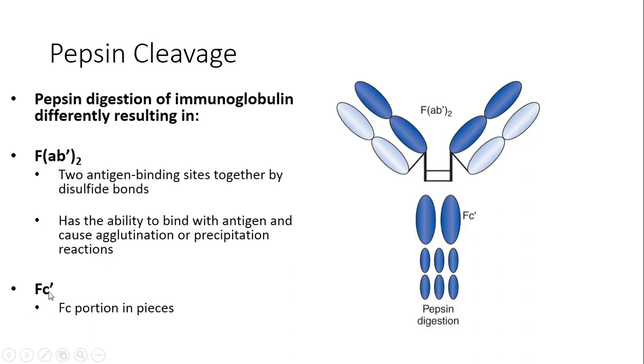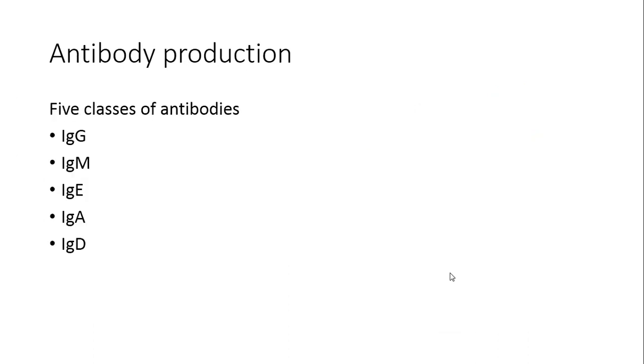The FC region, you can see it has a little apostrophe after it because these are not exactly the same as our other FC region. In this case, pepsin cleaves off all of the bonding, and you end up with very small little particles of the FC region in pieces. Those are not quite so helpful to us in the laboratory, but that's the way the enzyme works.